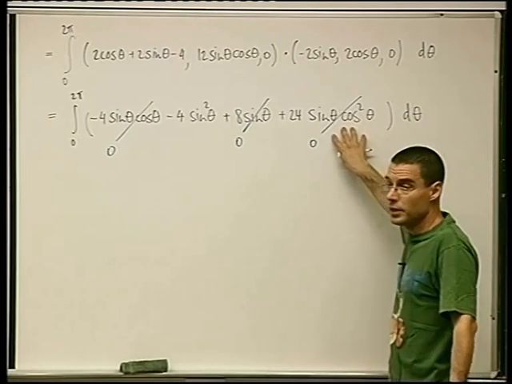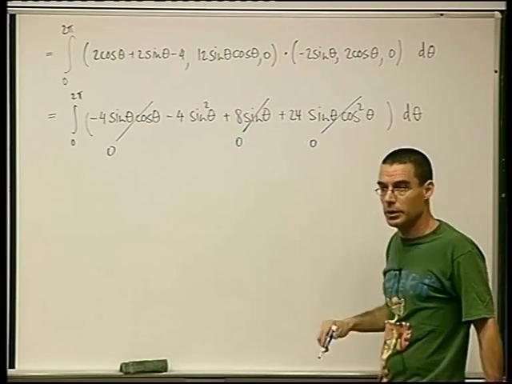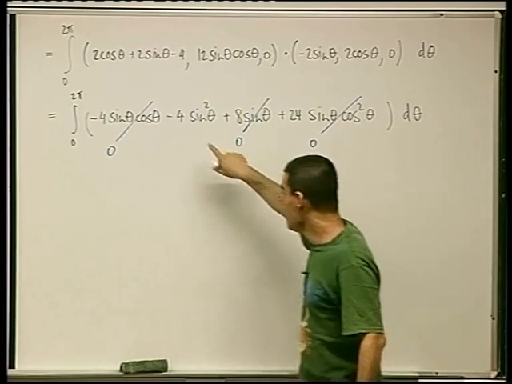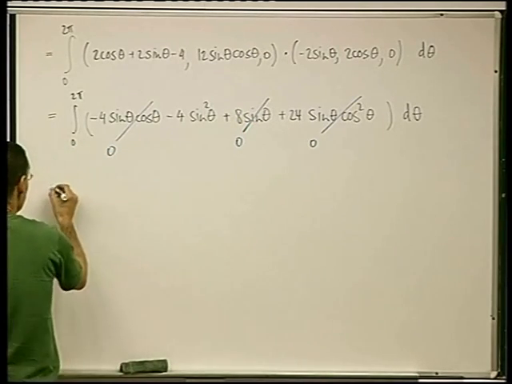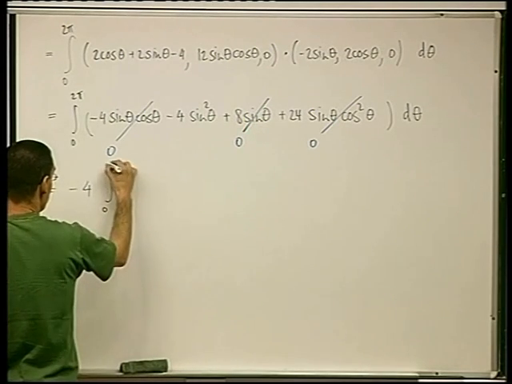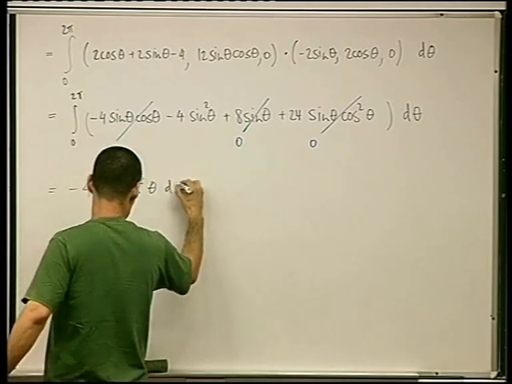You're going to have to solve this, and after that extra line, you're going to figure out that it's 0. Everybody with me? Okay, so the only thing that really survives is this. So what we get is a minus 4, which I can pull out, and the integral from 0 to 2 pi of sine squared of theta.